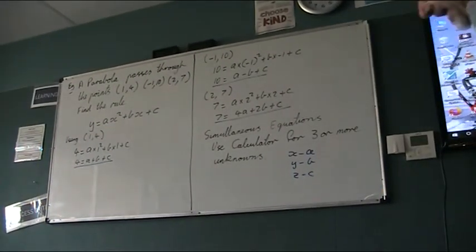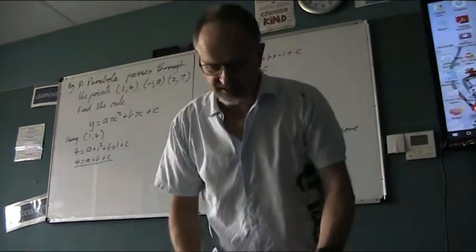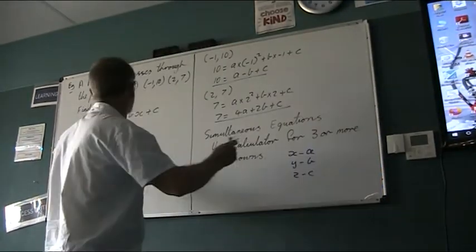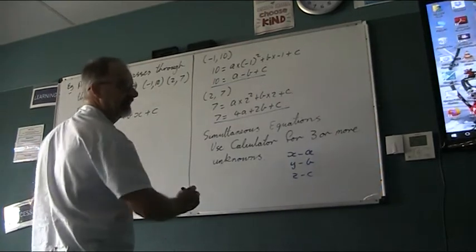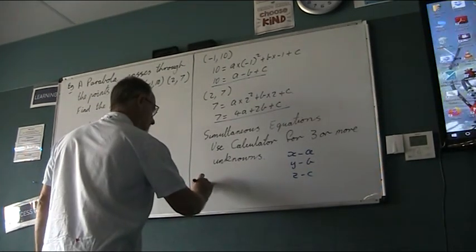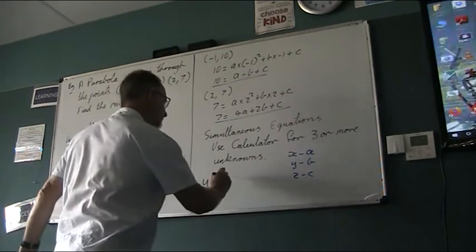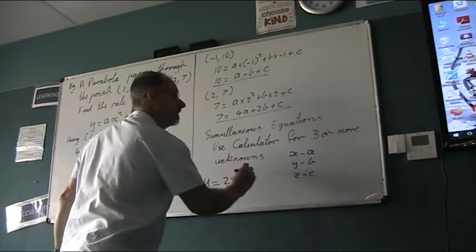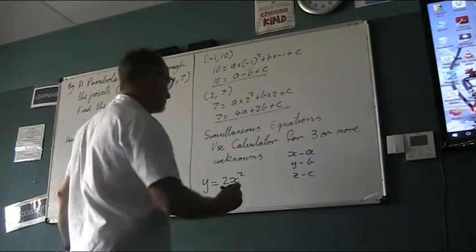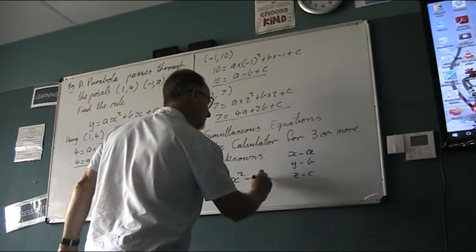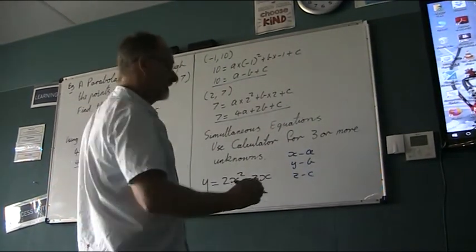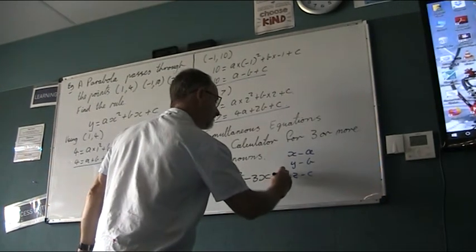That means that our equation for this particular parabola over here is y equals, a is 2, so 2x squared, the b is minus 3x, and the c is 5.